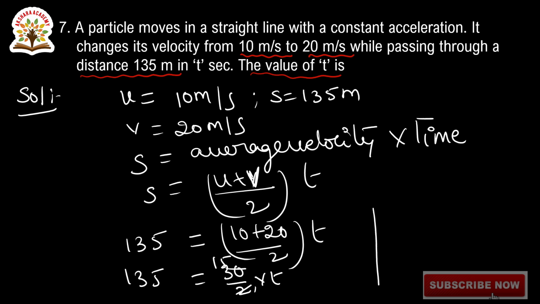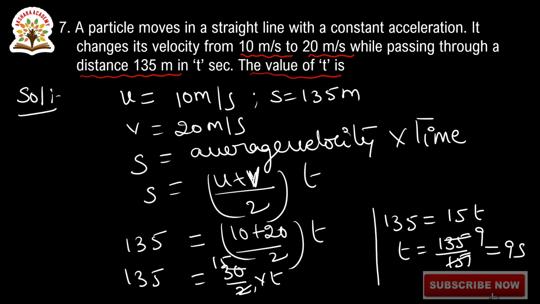So 135 is equal to 15 into t. So t is equal to 135 by 15. 15 ones are 15, nines are 135. So that is equal to 9 seconds. Therefore the final answer, the value of t is equal to 9 seconds. Okay. This is the final answer. Time t is equal to 9 seconds.